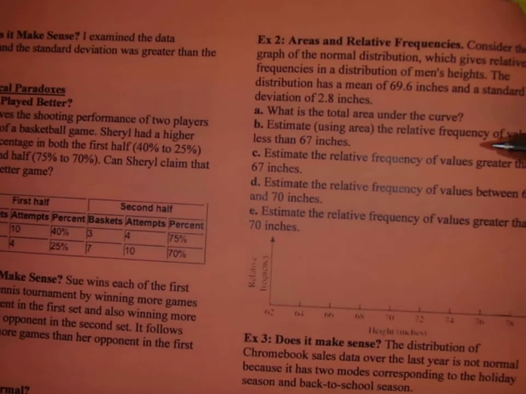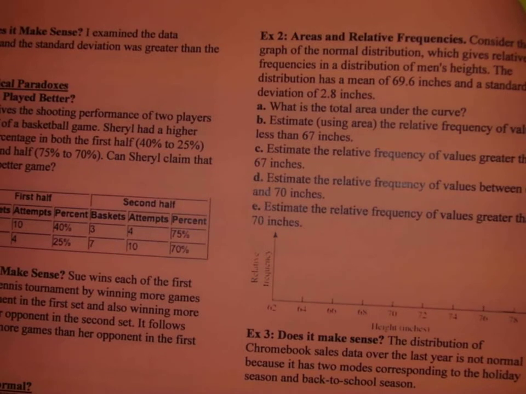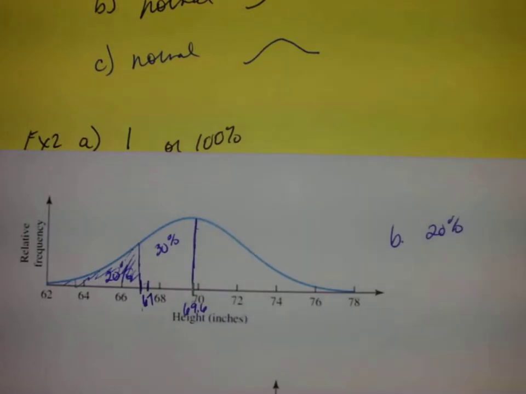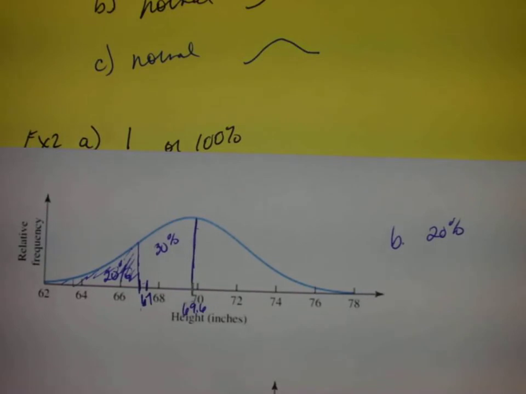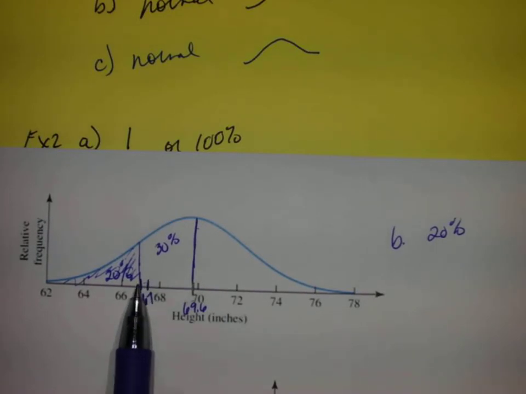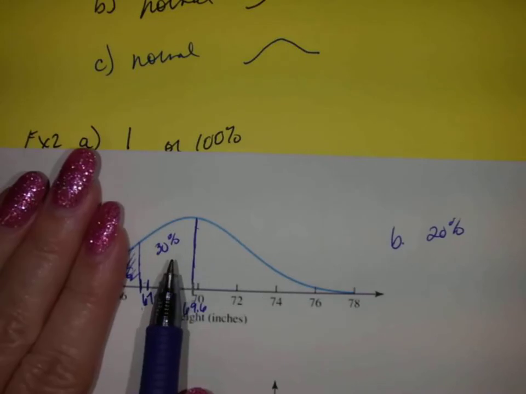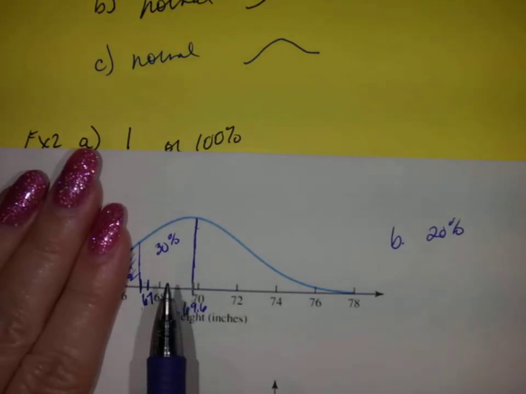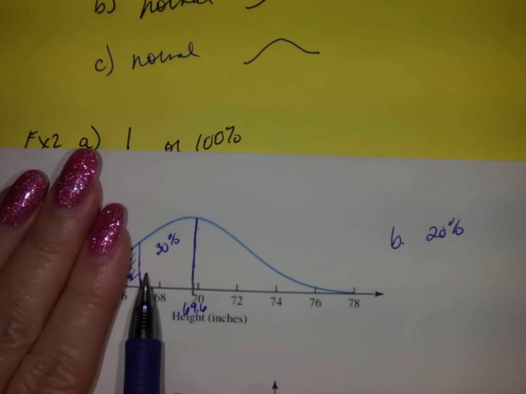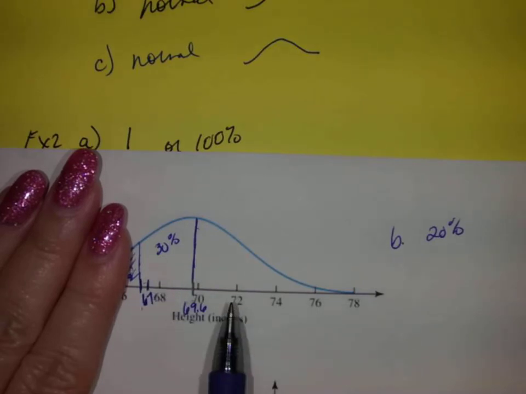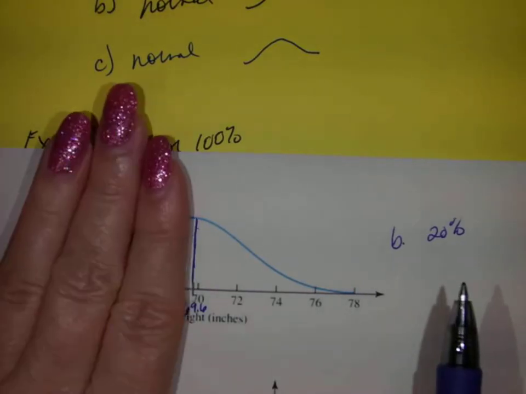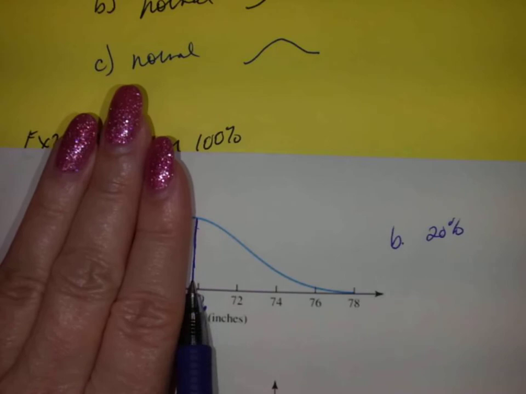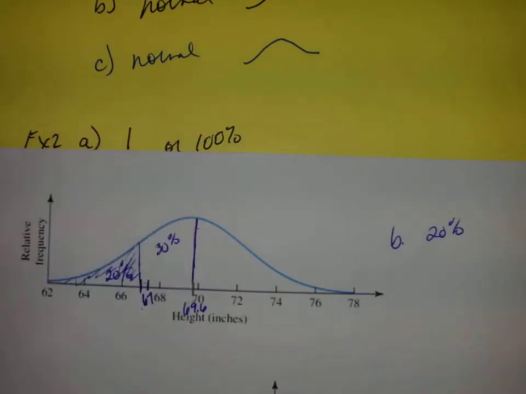We want to estimate the relative frequency of values greater than 67. So greater than 67, we said this part between this and the mean is going to be 30%. That's what we estimated. Now we also talked about that above that mean we have 50% of our data, right?